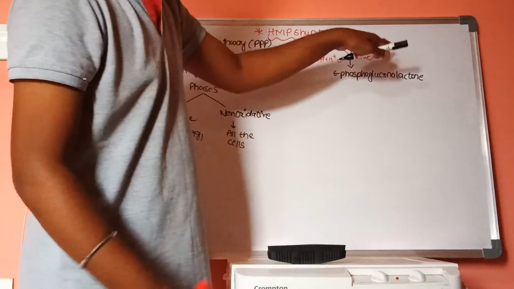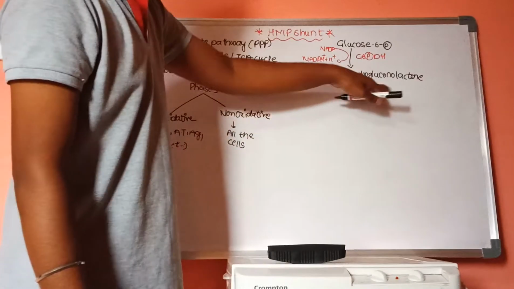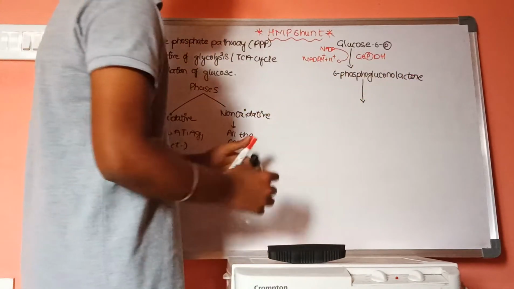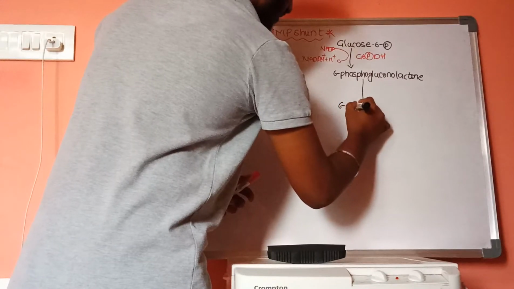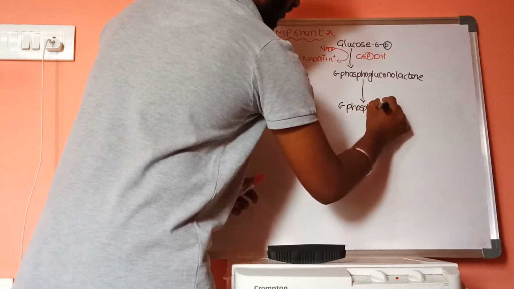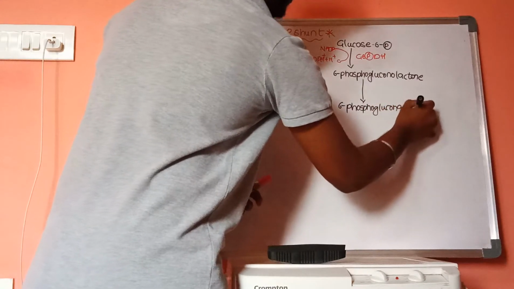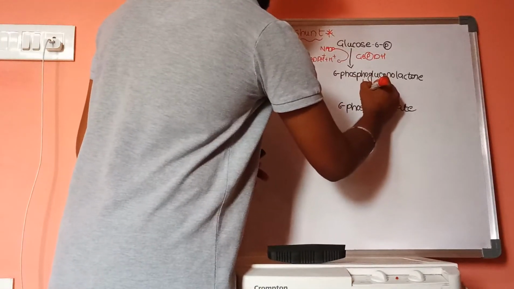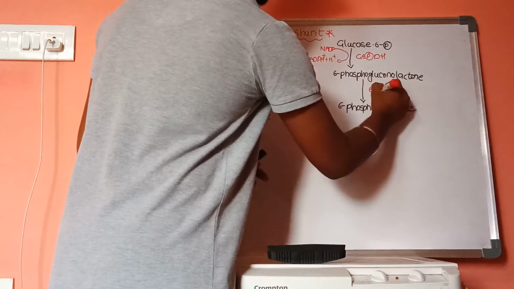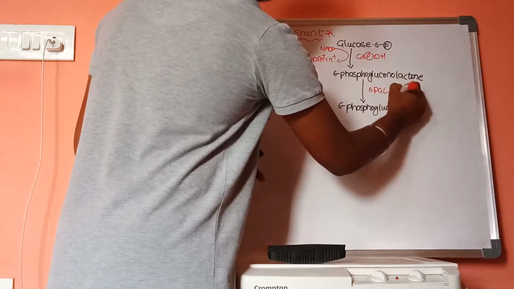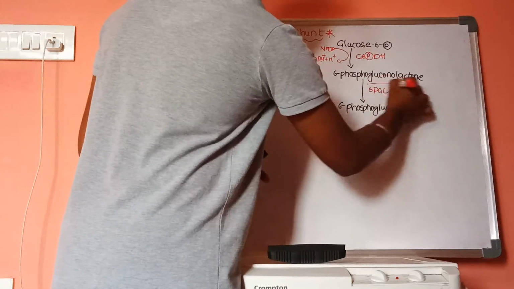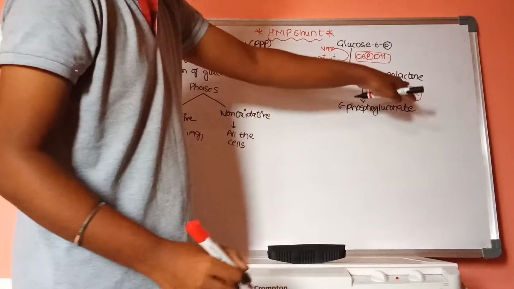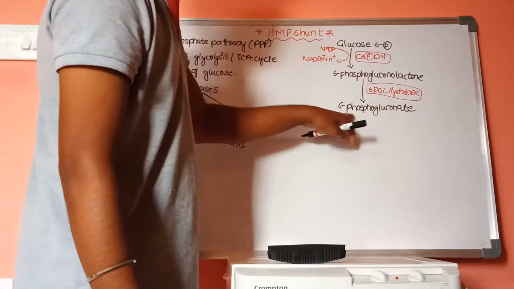In the first step, glucose 6-phosphate will get converted into 6-phosphogluconolactone, and in the second step, this 6-phosphogluconolactone will get converted into 6-phosphogluconate with the help of the enzyme 6-phosphogluconolactone hydrolase.